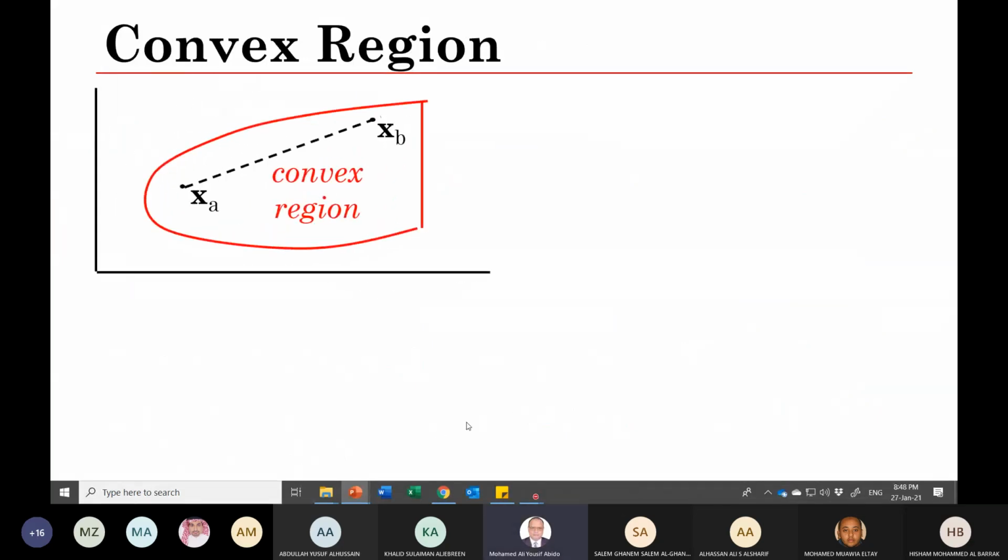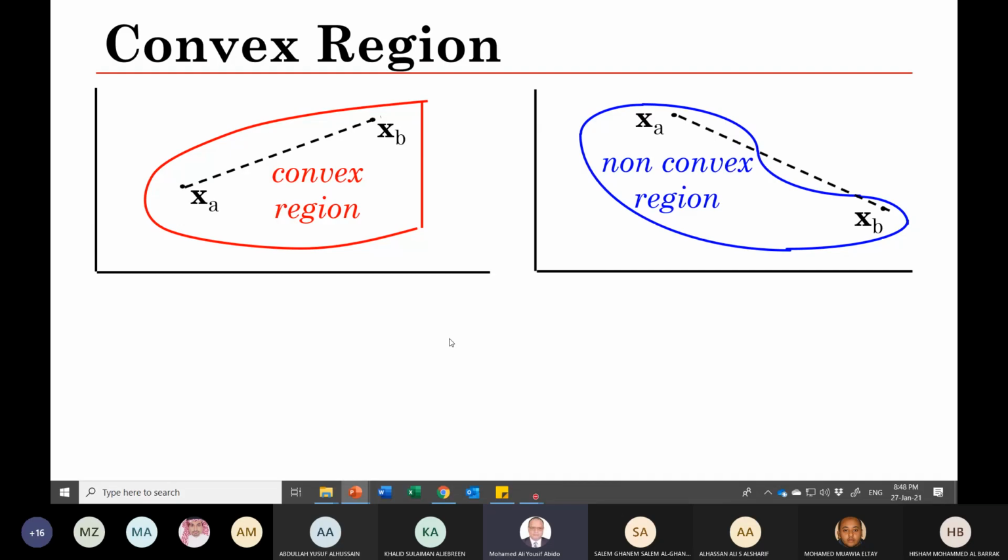So this is the function. What about the region? What is a convex region and what is a non-convex region?